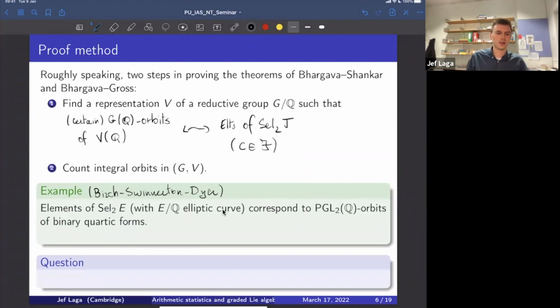It says that elements of the 2 Selmer group of an elliptic curve correspond to certain orbits of binary quartic forms. The way that this goes is that an element of the 2 Selmer group of an elliptic curve gives rise to a 2-to-1 covering of P1, where C is a genus 1 curve with Jacobian isomorphic to E, and it's everywhere locally soluble.